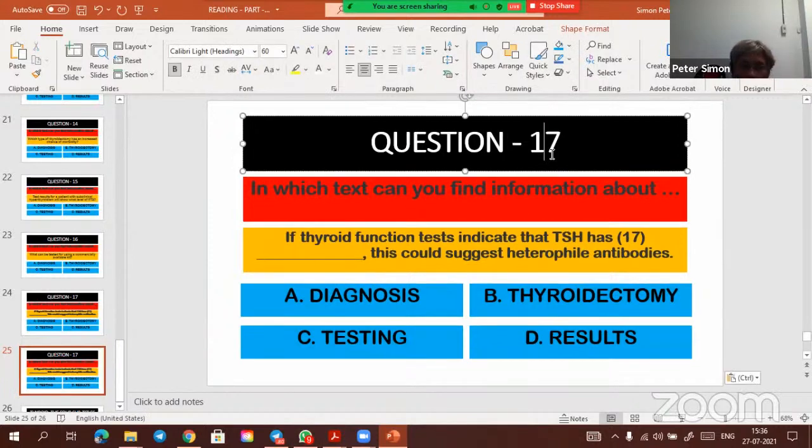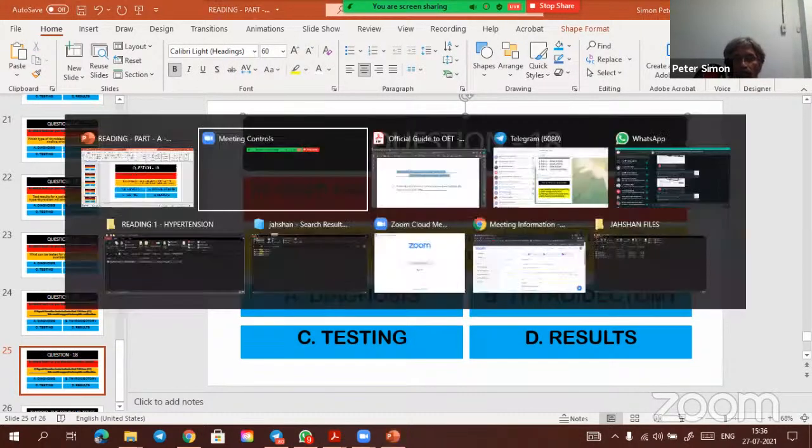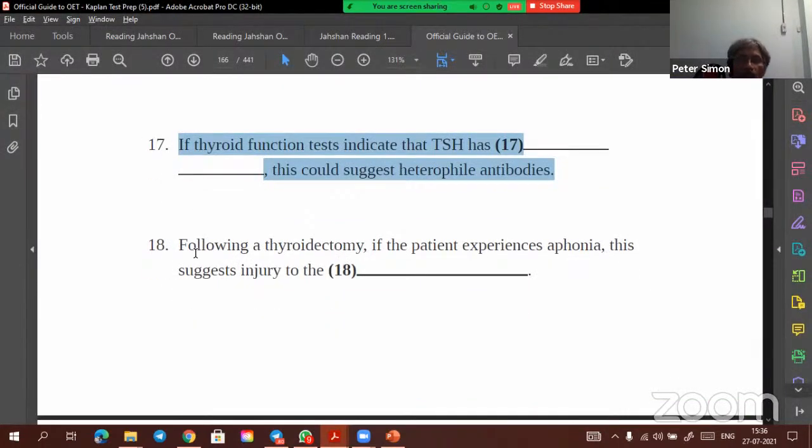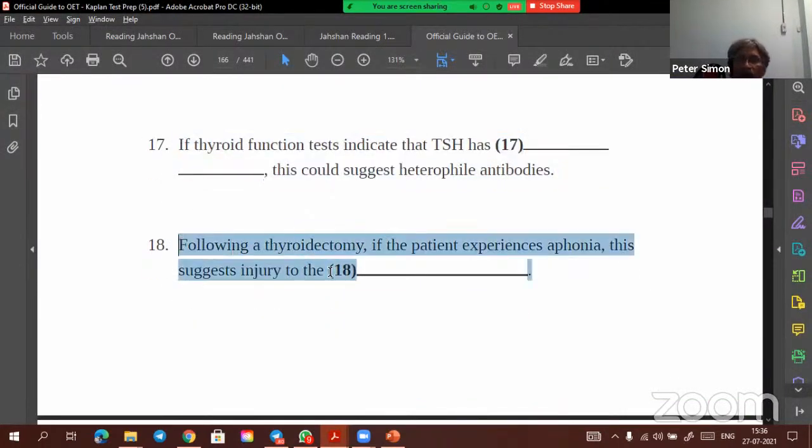18. Following a thyroidectomy means after thyroidectomy.